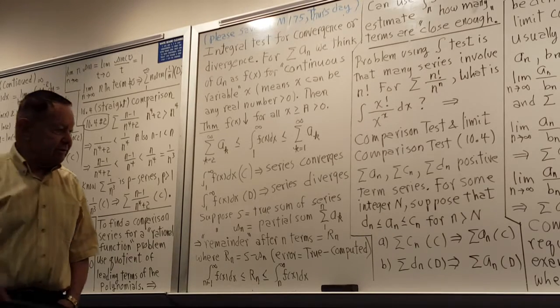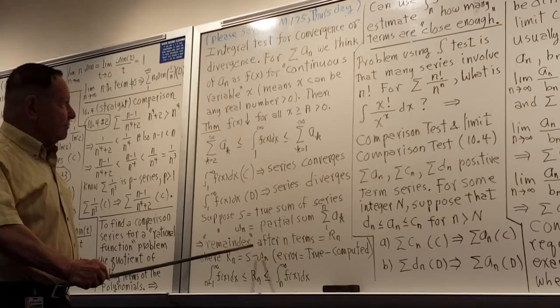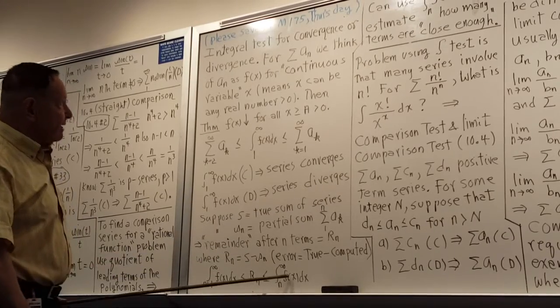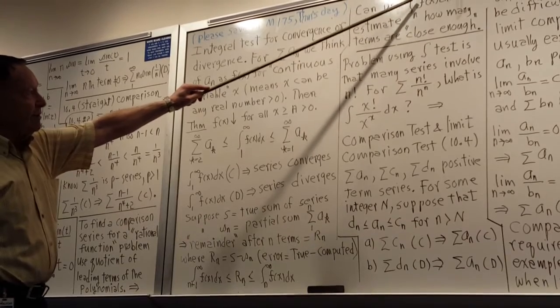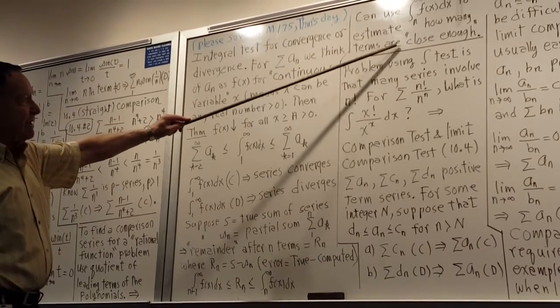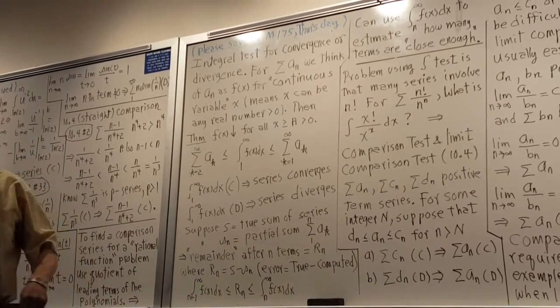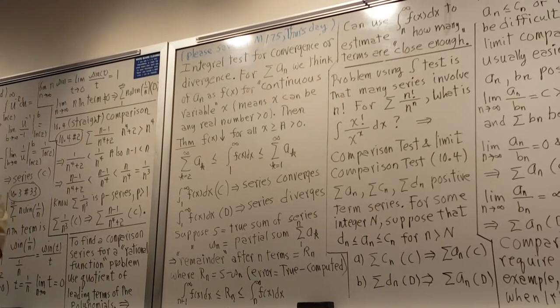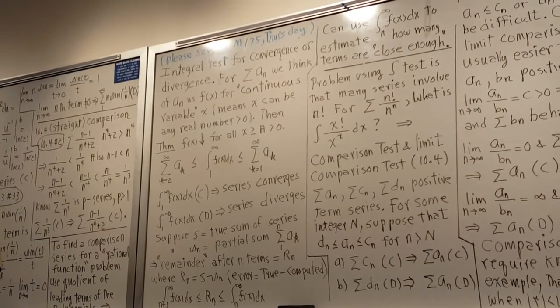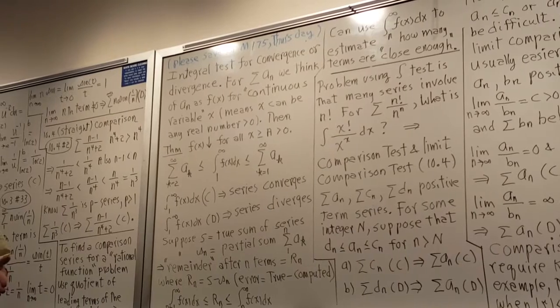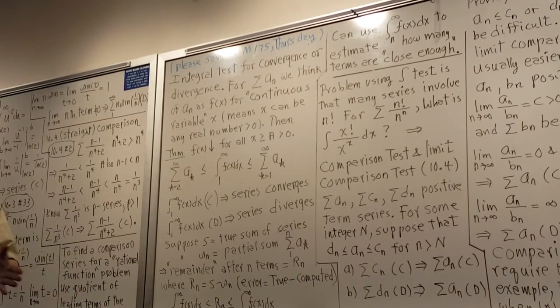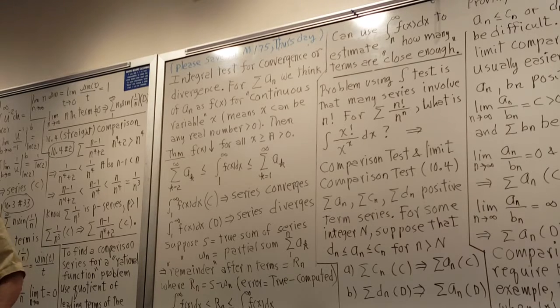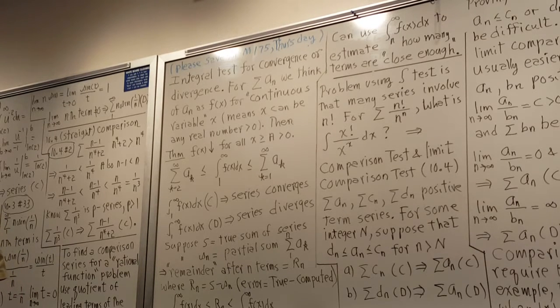And so this is sometimes really useful. So you can use the integral from n to infinity to estimate how many terms would be close enough. You might find that 5 terms will make an error that's between, say, 1 in 1,000 and 1 in 10,000, and perhaps that's enough.